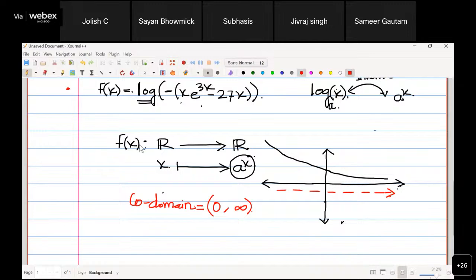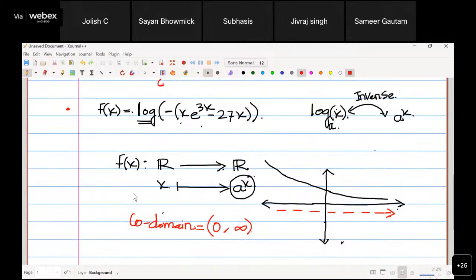So now, next, let's go to the log function. By definition, log is basically the inverse of a power x, right? This is the inverse of this function.